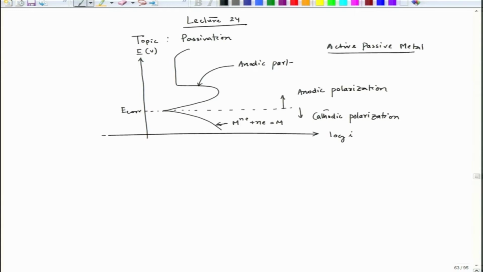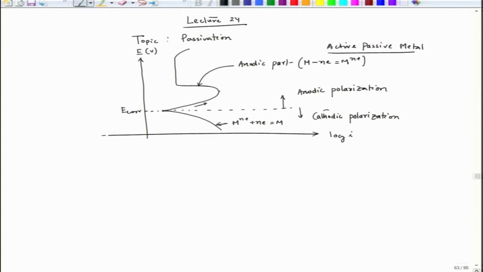Here, this is E corr, and in this direction we are getting higher and higher corrosion rate, or metal dissolution rate, as we go towards the anodic polarization side, since this part is M minus ne equal to M n+. So, ions are forming.